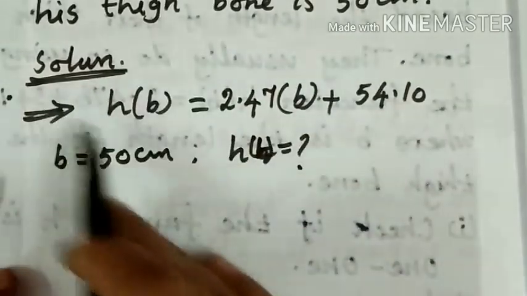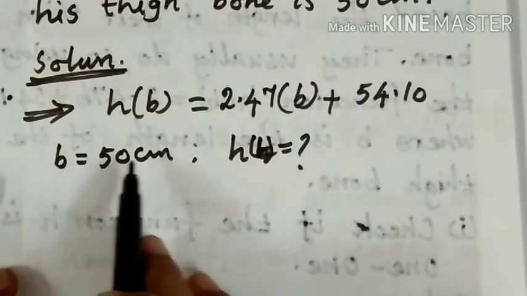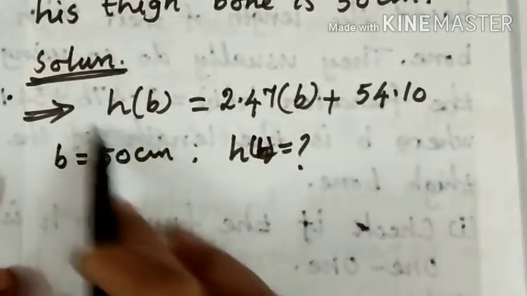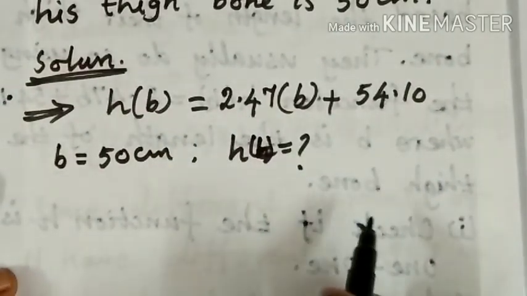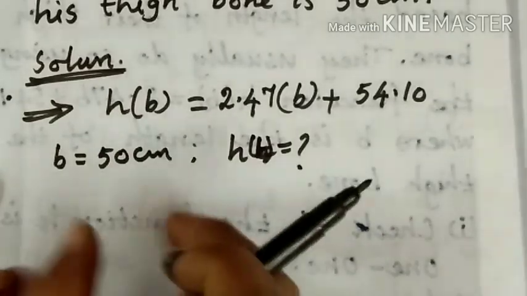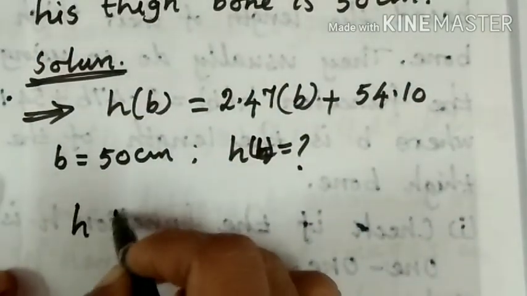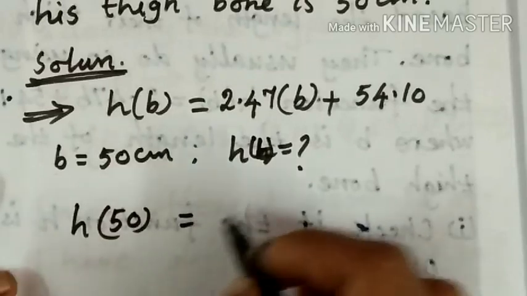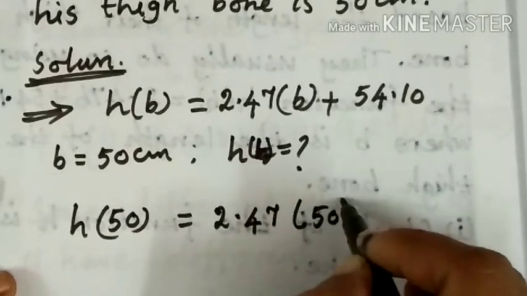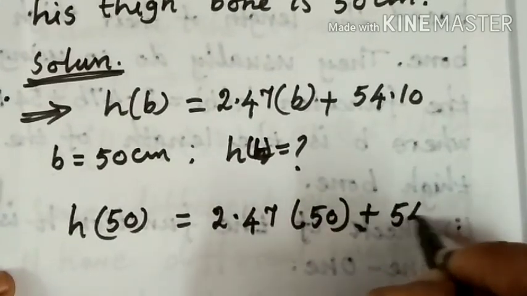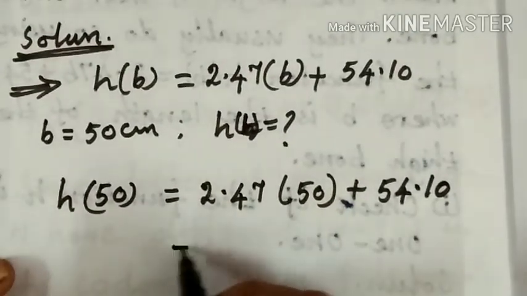See, in this function b is length of thigh bone, that is 50 centimeter. H of b is height of a person, that one we have to find out. So you apply the value of b in this function, means we get h of 50 equal to 2.47 into 50 plus 54.10.